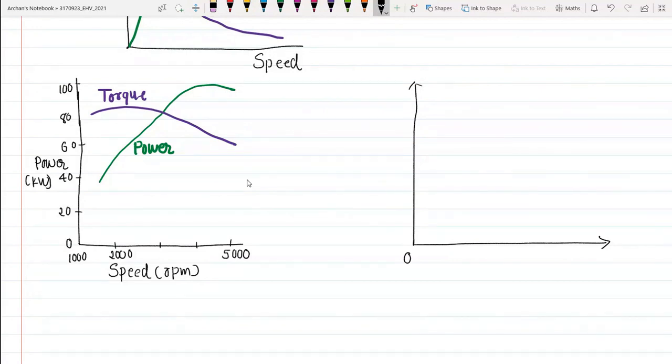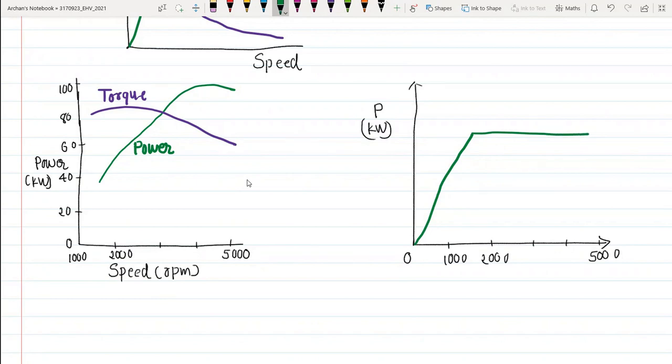Okay, so this is my zero speed, 1000 RPM, 2000, 3000, 4000 and 5000 RPM. Again, motor power will be in kilowatt. Okay, so in this particular case, you will see that our characteristic is somewhat similar to the ideal one, like this.